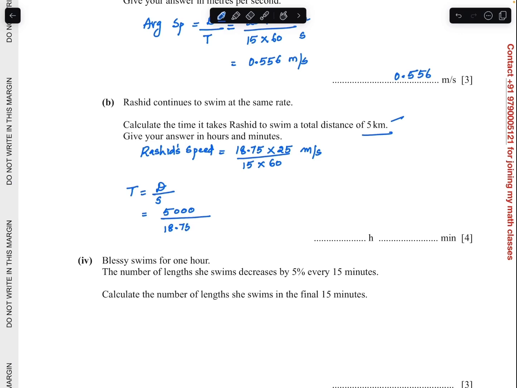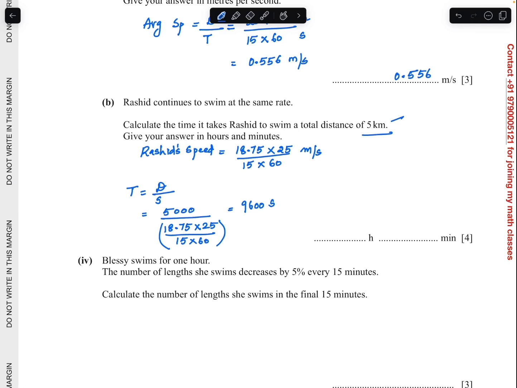I just take it down as such in the denominator: 18.75 times 25 by 15 times 60. Which is equal to 9600 seconds.